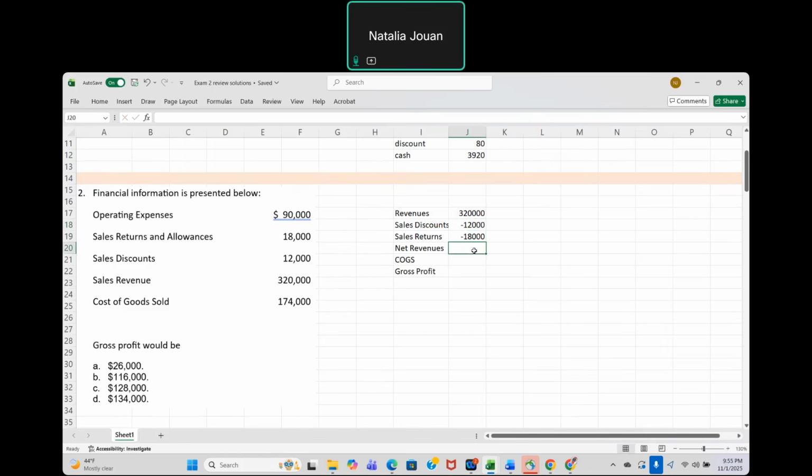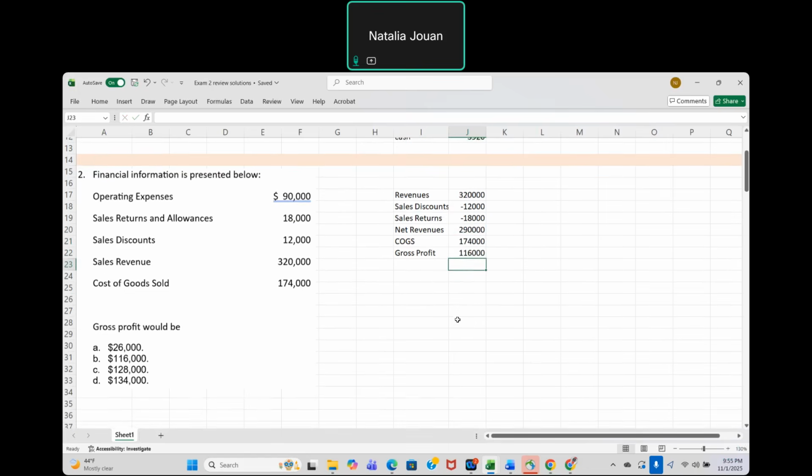So if we do 320 minus 12 minus 18, we get 290, right? We're just going to put the sum because I made the other two negatives. So that should give us the 290. Now we need to subtract the cost of goods sold, which is 174. And now we can compute the gross profit. Okay, we get 116. So E is the correct answer.